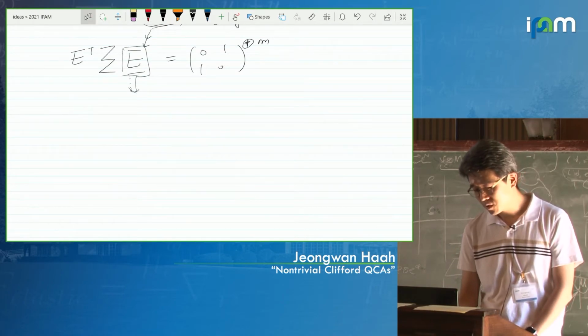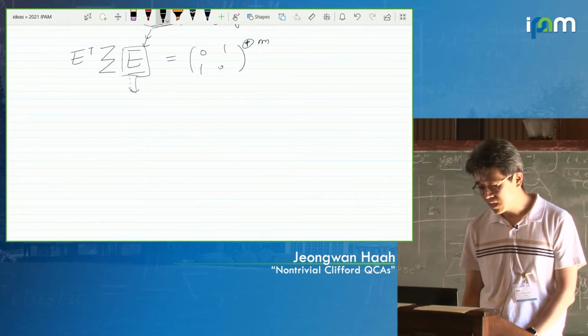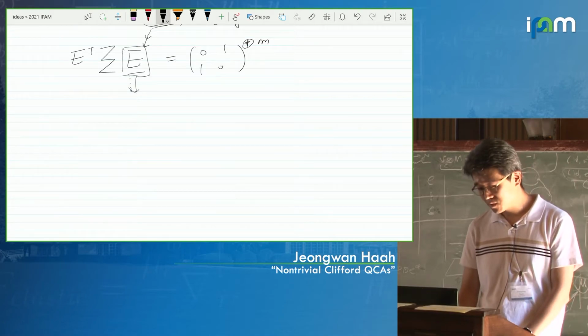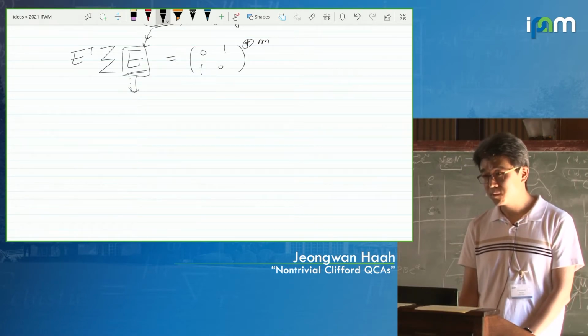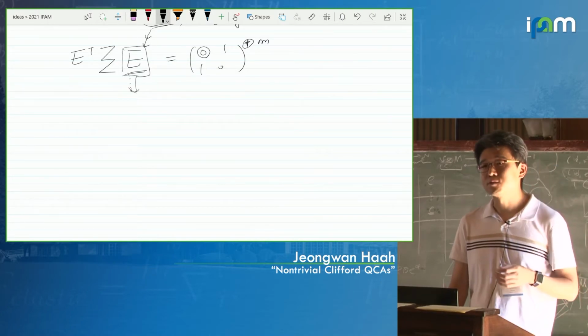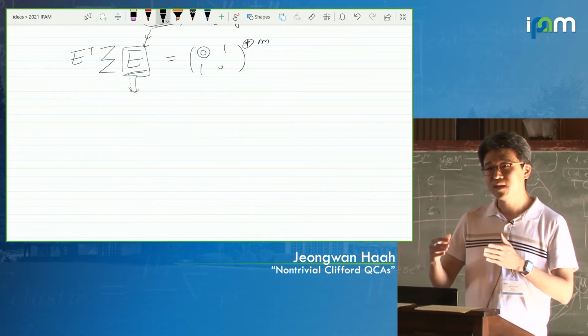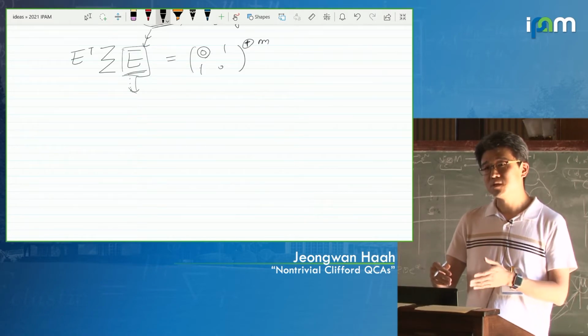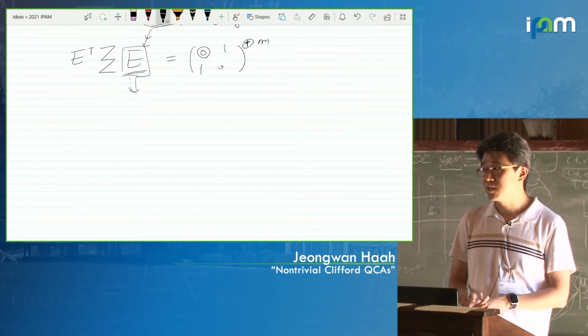And how do you show the triviality here? I'm going to use induction. All I have to do is find some congruent transformation that gives me 0 in the upper left corner, because that means I can further reduce the dimension and use induction on the dimension.